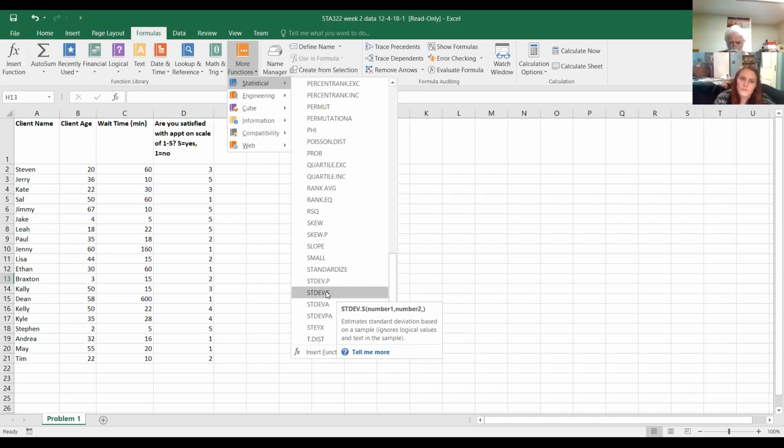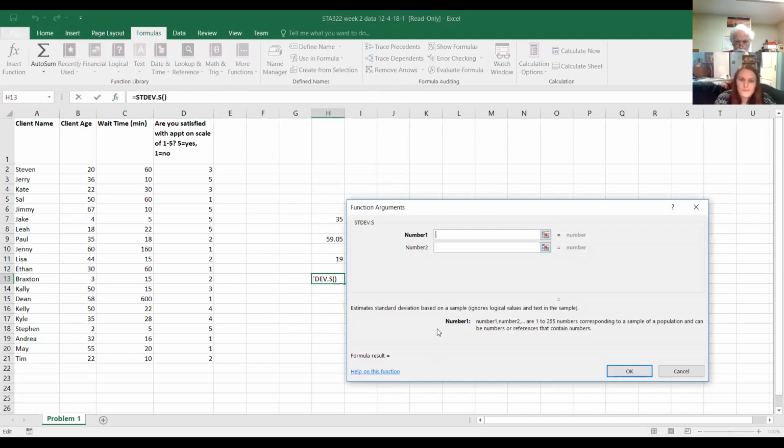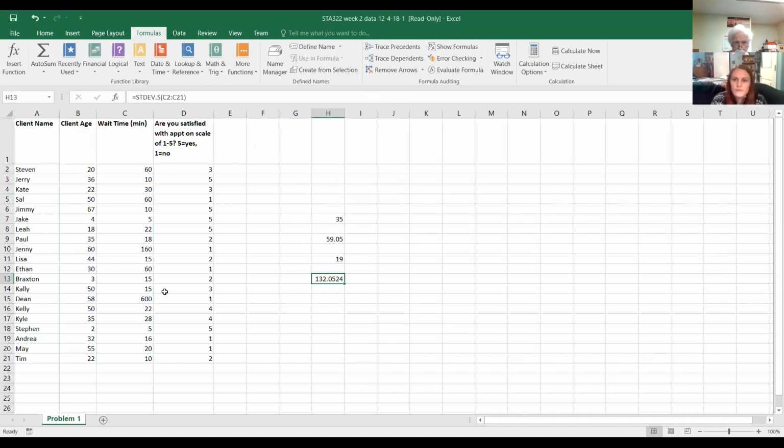There's a lot of arcane statistical reasons for that we won't go into, but that's the standard statistical approach that we use. So if we want the standard deviation using a sample, let's do the same thing. And what we have is a standard deviation of 132.